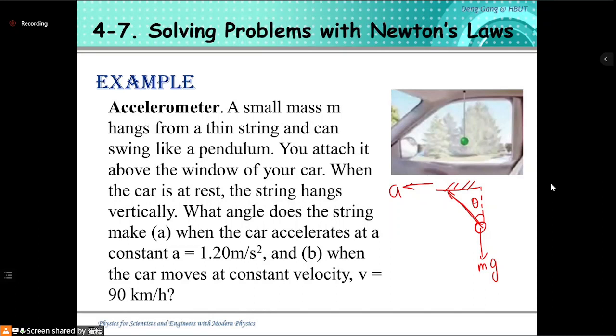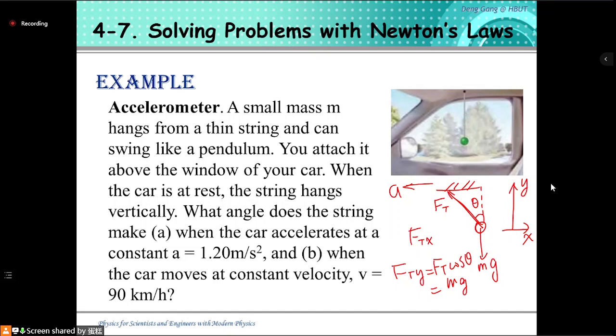If this is, let's say, F_T, here is y, here is x, with F_Tx and F_Ty. In the y direction, it is F_T cosine theta, and it should be equal to mg, because in the vertical direction it's balanced.